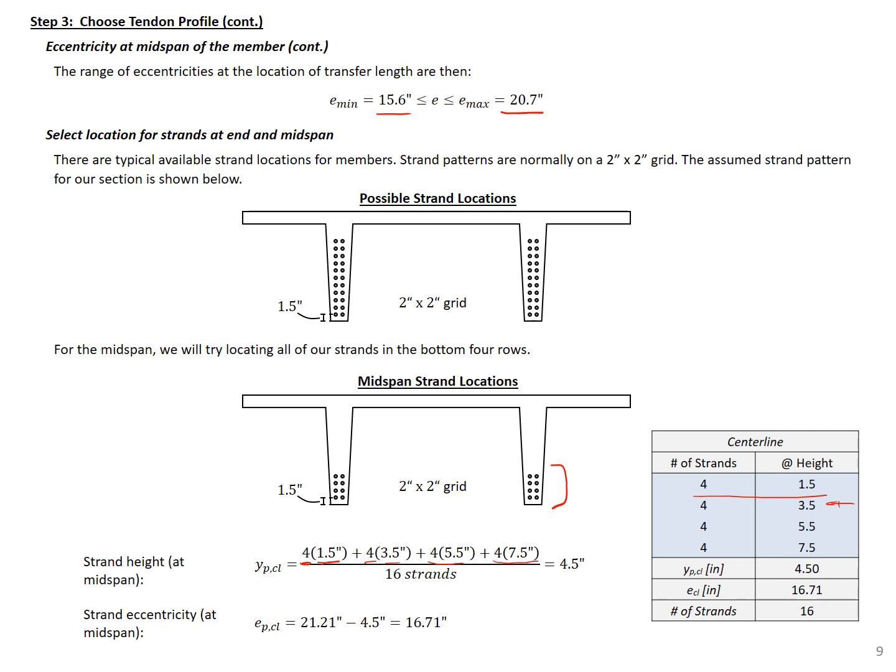And then I add those up, and then I divide by the total number of strands, so 16 strands. And that gives me the strand height at midspan of 4.5 inches. I can find the strand eccentricity from that then by taking the y from the bottom, 21.21 inches, minus this 4.5 inches, which will give us our strand eccentricity at midspan.